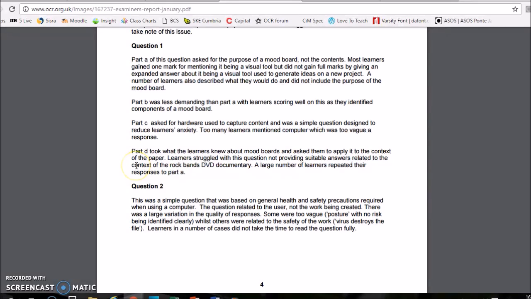It is about the rock band, the DVD documentary. And it does say, interestingly, that a large number of learners just repeated what was seen in part A. So they just gave the purpose again, and didn't say how it was used.